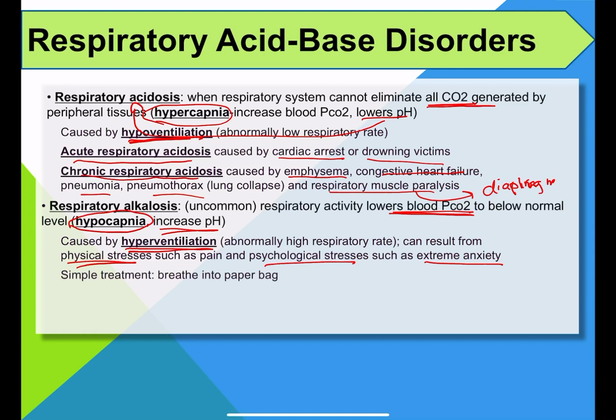A very simple treatment for people with stress and anxiety problems when they have that hyperventilation attack is just breathing into a paper bag, as we have learned from our respiratory physiology lab. Breathing into a bag, you're breathing back your own CO2, which calms your body down. So when a person's hyperventilating, that's why you give them a paper bag, so they can breathe into it and replenish the CO2 in the body, so that you would not have a problem of respiratory alkalosis.